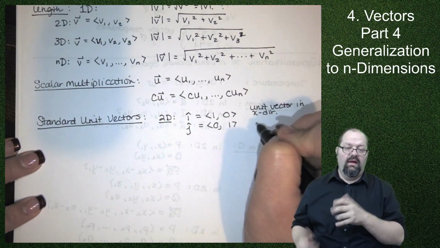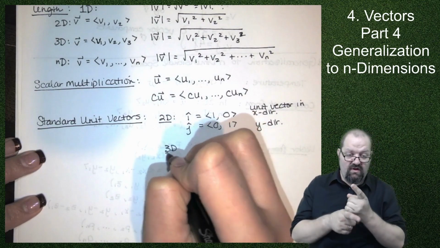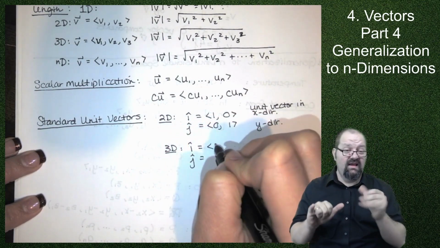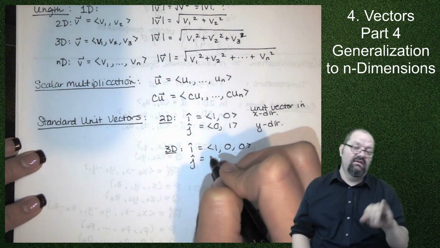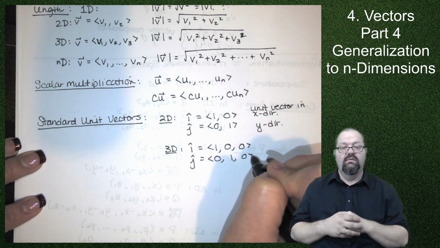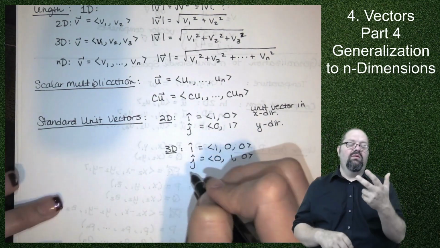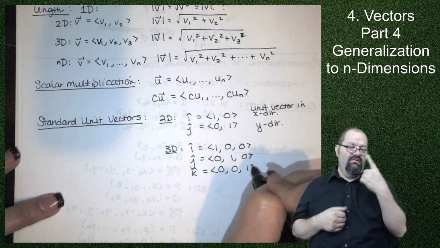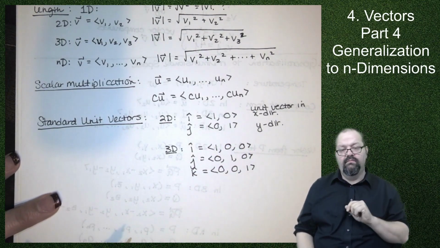And our unit vector in the y direction, right? 3D, same thing. Got a unit vector in the x direction, but now my vector has 3 components. And then I have a unit vector in the y direction, but now my unit vectors have 3 components. And then I'm also going to have one in the z direction. It's 1 unit long and it points in the z direction, has 3 components.